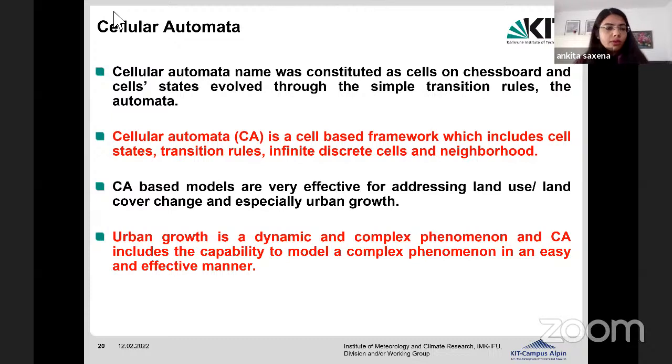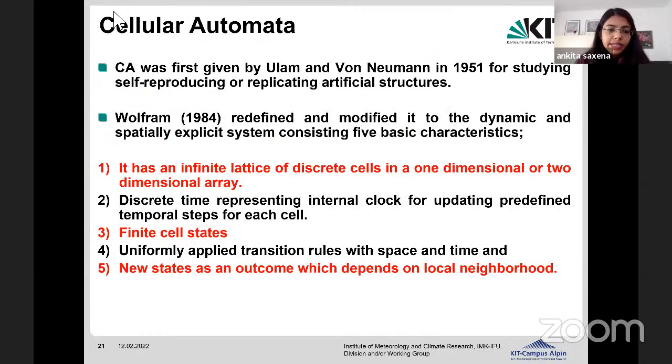So urban growth itself is a complex phenomenon, but can be handled easily in cellular automata. As I said, it's an infinite lattice of discrete cells. It was first given by von Neumann and later refined by Wolfram.